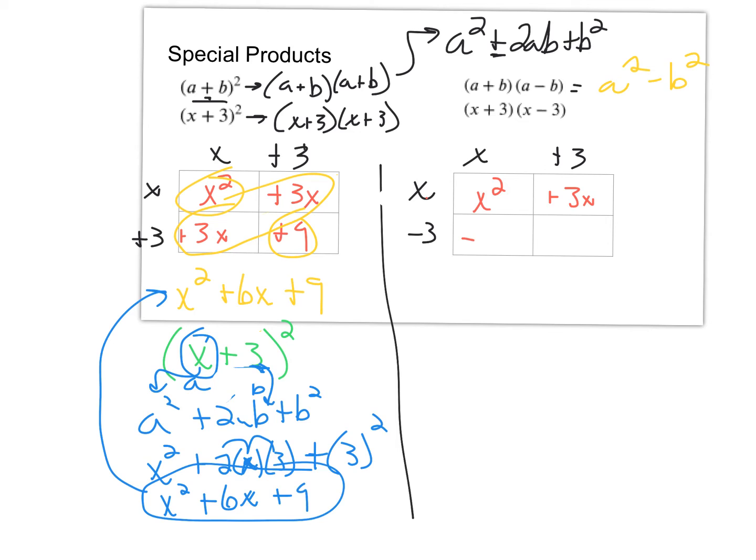Negative 3 times x is negative 3x. And negative 3 times 3 is negative 9. So when I combine my like terms, x squared is x squared. Negative 3x plus 3x, again, cancels. Goodbye. And then we have minus 9.